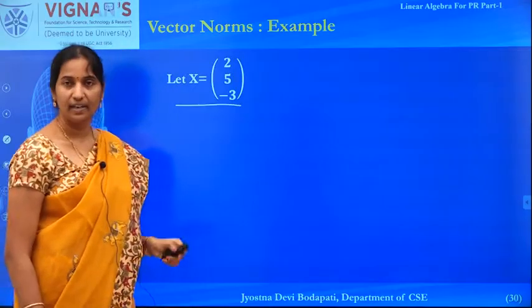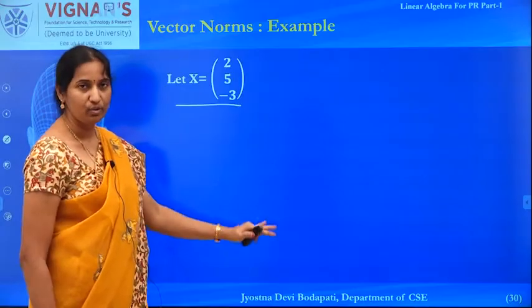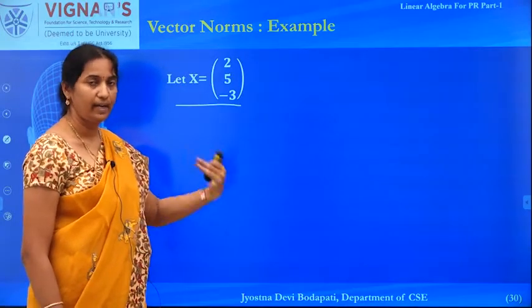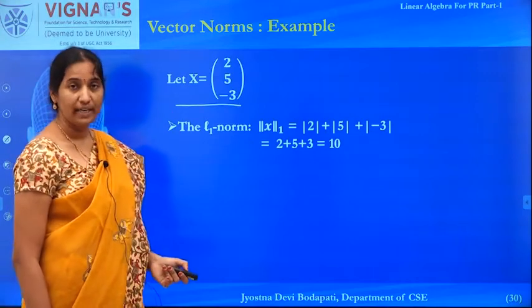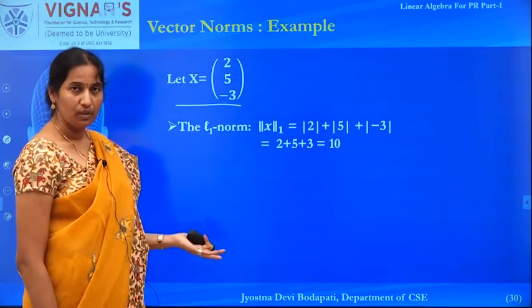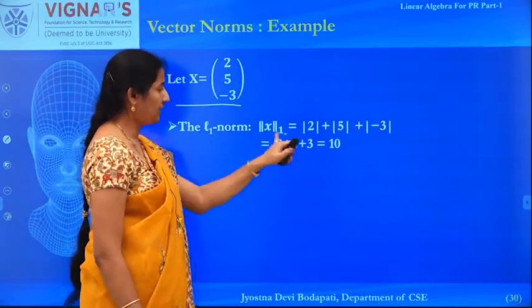Given the vector, how do we solve? This is a given vector, and let's see how we compute each type of norm: L1 norm, L2 norm and L infinity norm. This is how we can compute the L1 norm. If you consider the general form, wherever there is a p, you just have to replace that with 1, that's all.